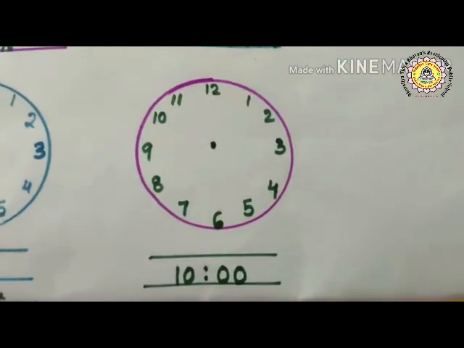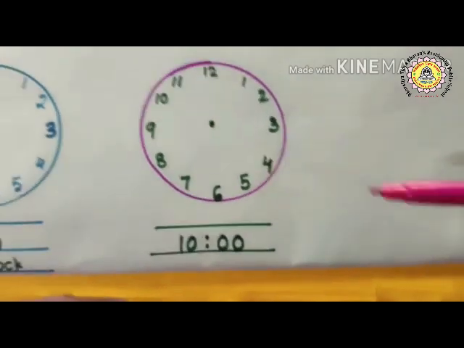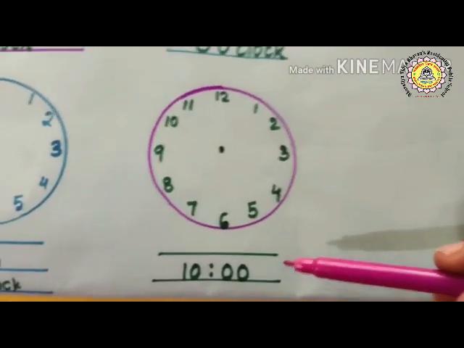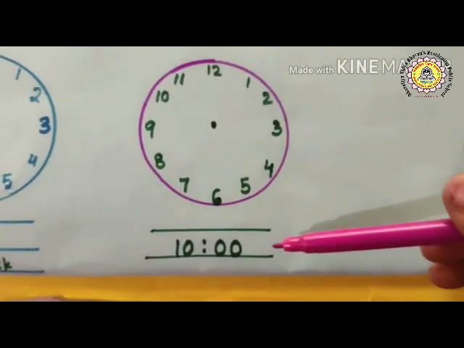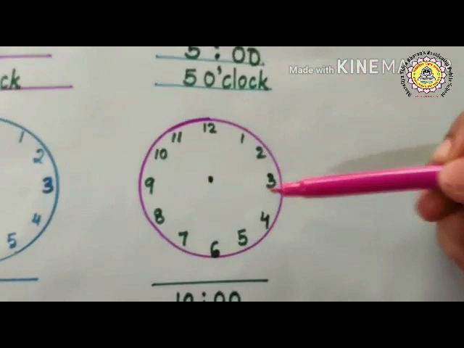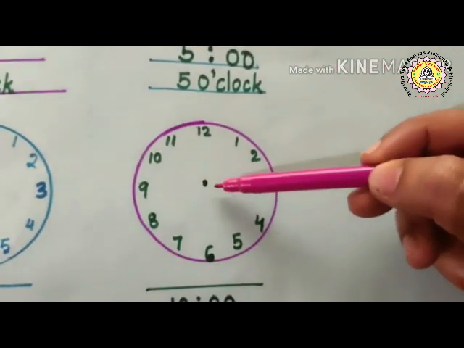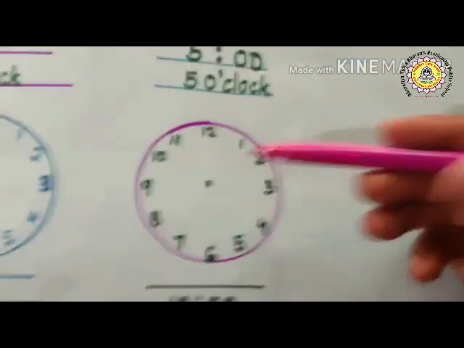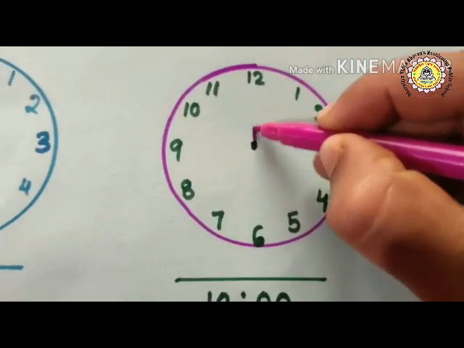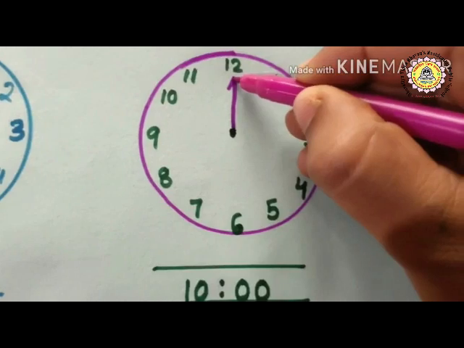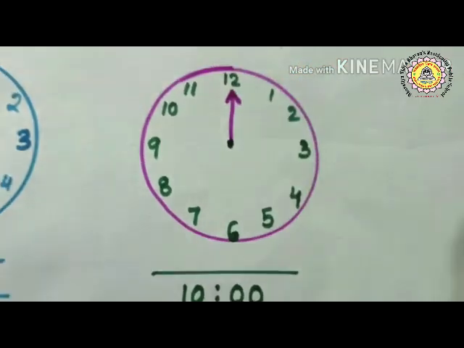Now look at this clock, children. Here the time has been given. What is the time here? They have given time 10 o'clock. So what do we have to do? We have to draw hands to this clock. So first we should draw long hand pointing towards 12.